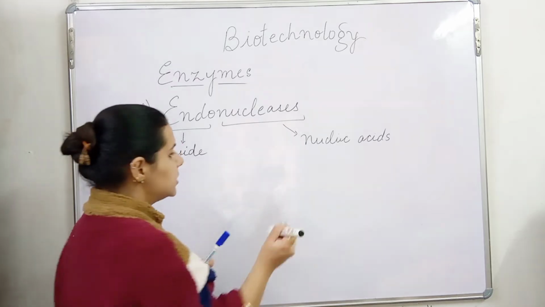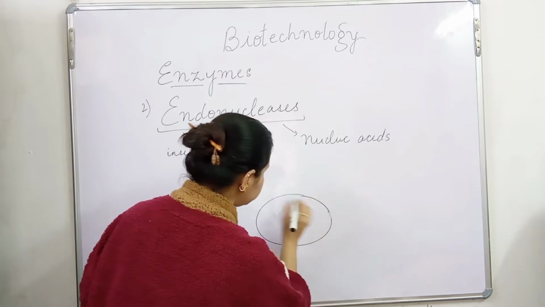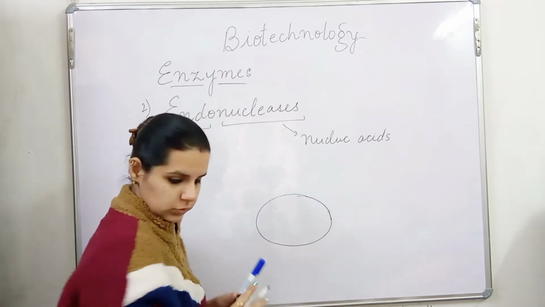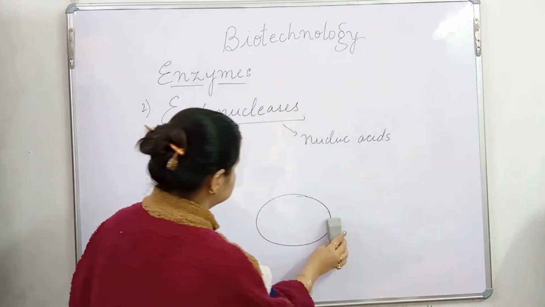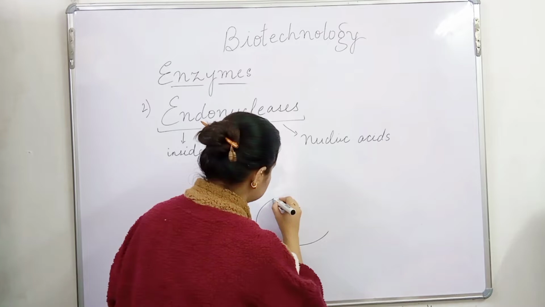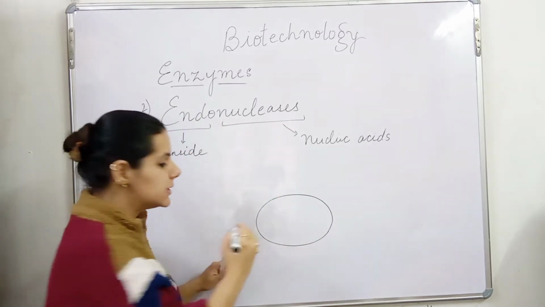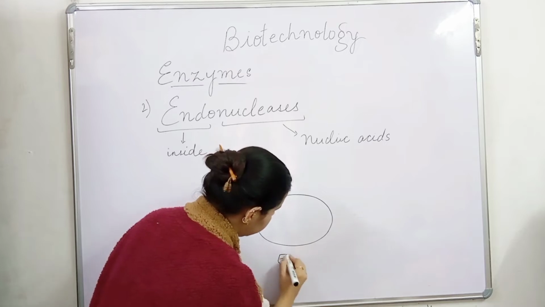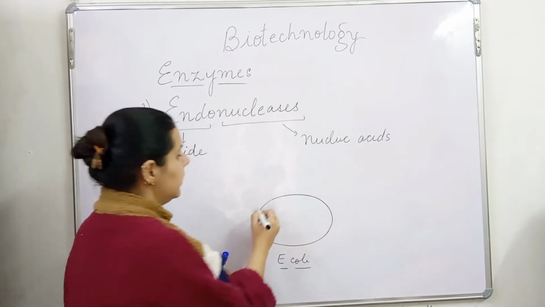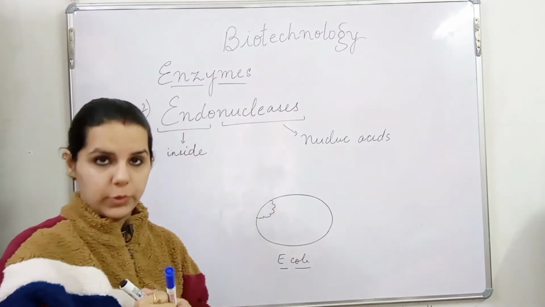Now what happens when there is a bacterial cell? This is a bacterial cell. Now this is a cell of E. coli, Escherichia coli, and this is the genetic material of E. coli.